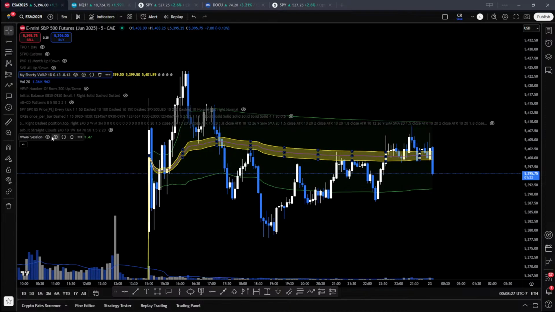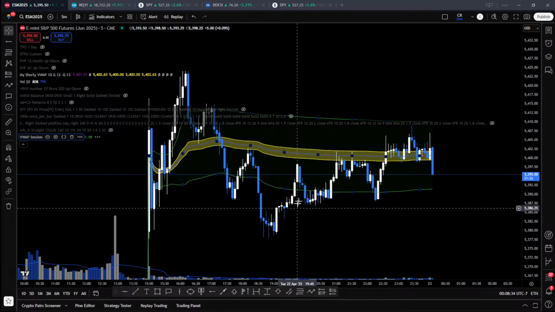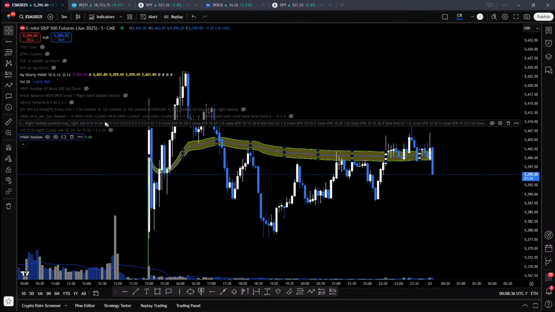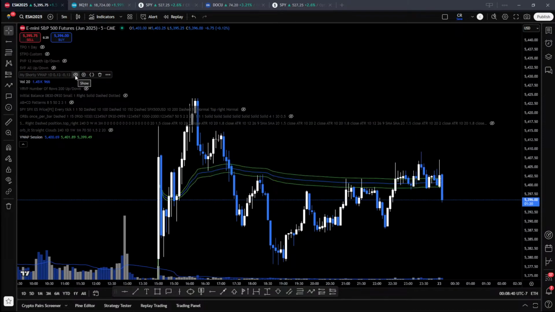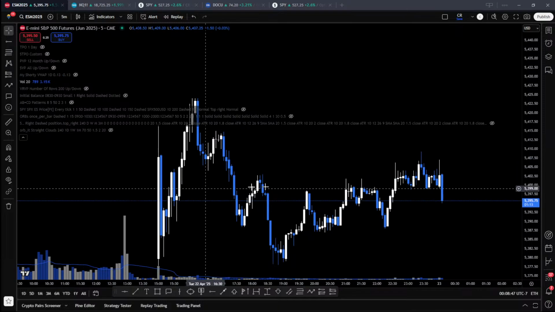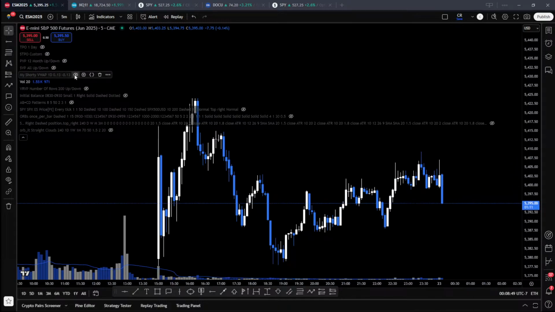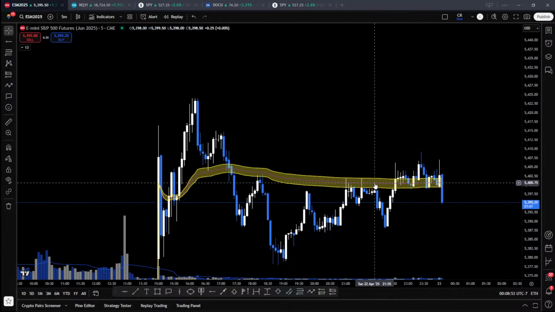And then under the settings, you just change the band multiplier to 0.13 and click OK. And now you'll see it's overlapping mine. If I turn this one off, they match perfectly, right? So the only difference is mine's private, and the other one's not. But there's no other difference.